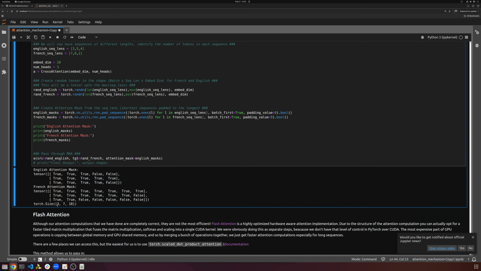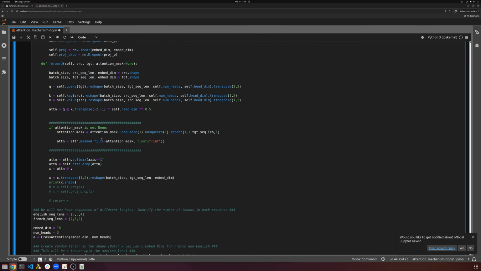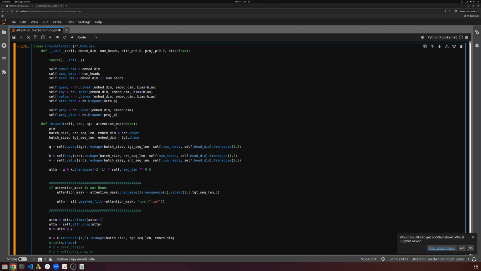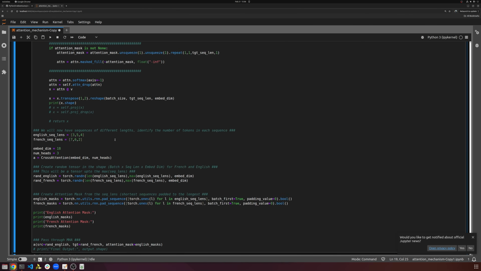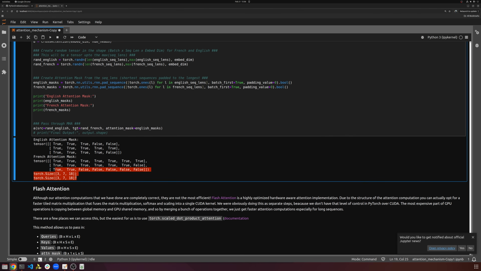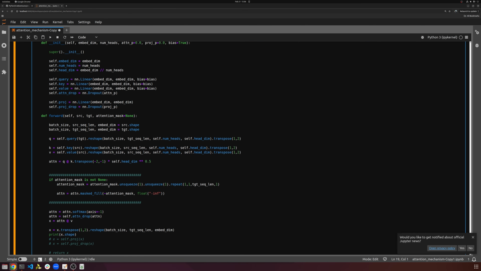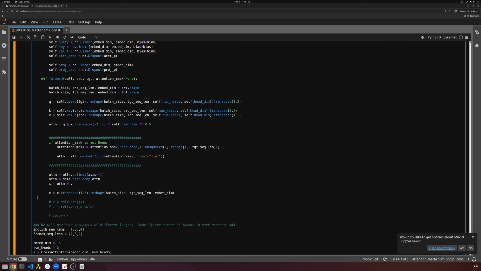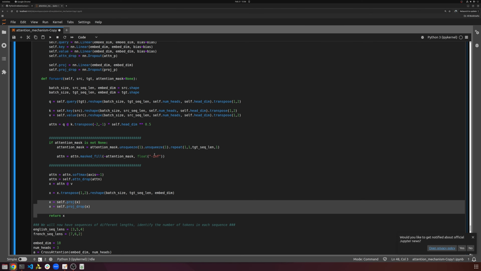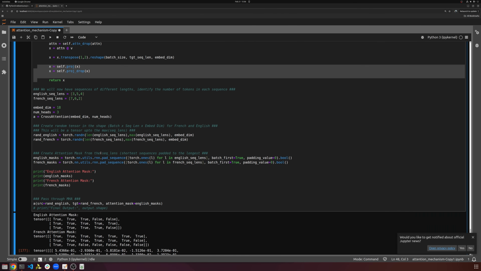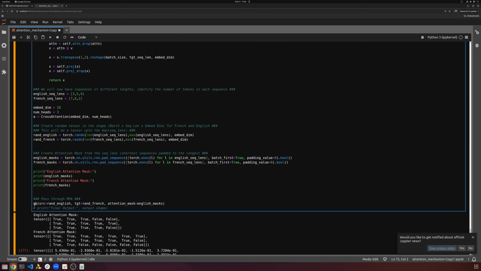And that gives us 3 by 7 by 18, which is coincidentally what, if we print tgt.shape, we started with, 3 by 7 by 18. I hope that makes sense. And then of course, all of this stuff stays the same.